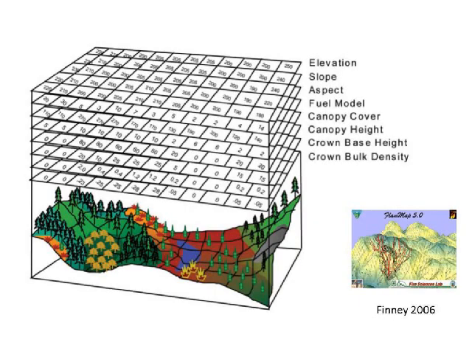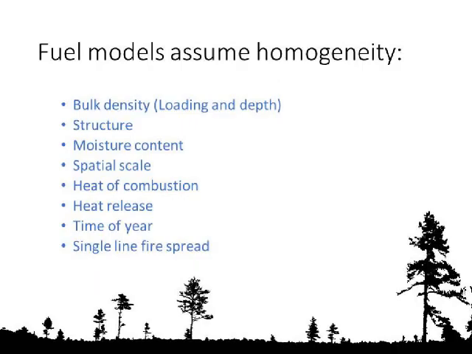And so this is how this information gets integrated into a modeling tool. We've got measurements of slope, aspect, canopy cover, height, and fuel. And they're integrated on a spatial cellular scale, and then they're run across an environment. But there's a lot of assumptions about these models. An important one is that within a cell in the model, there's no real variation in bulk density, fuel loading, or depth.